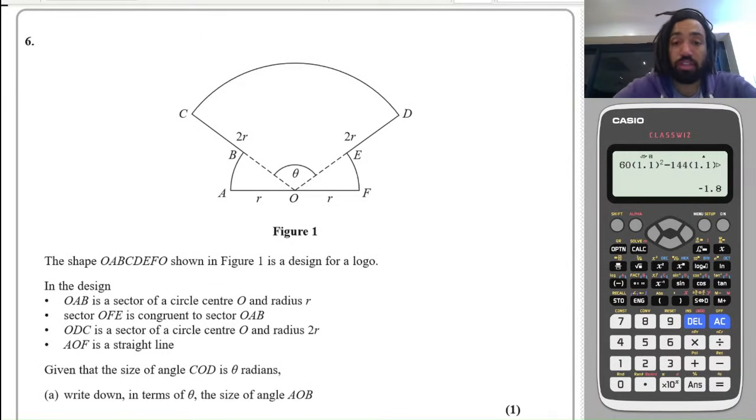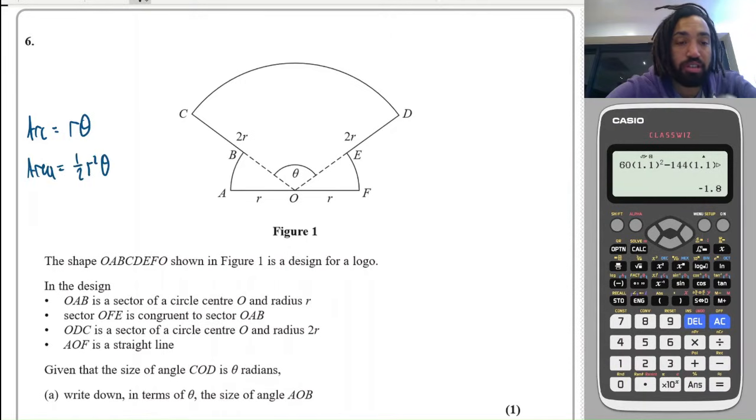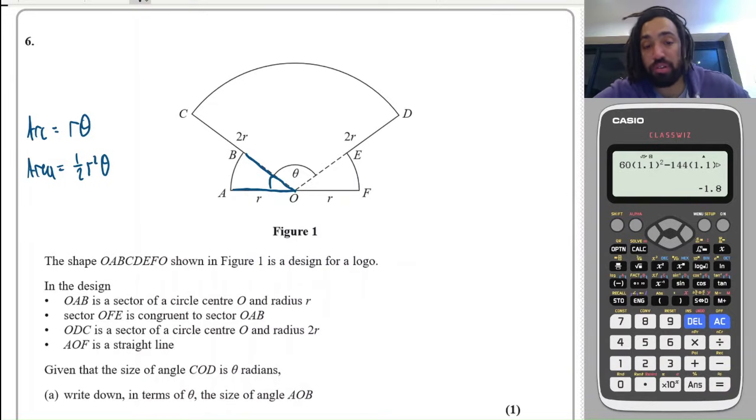Okay, so for these types of questions, there are two formulas that you need to know: arc length, so arc is equal to r theta, and also area of sector, which is equal to a half r squared theta. And what we're looking for here is the size of AOB. So I go from A to O and then up to B, and that's the angle I'm looking for.